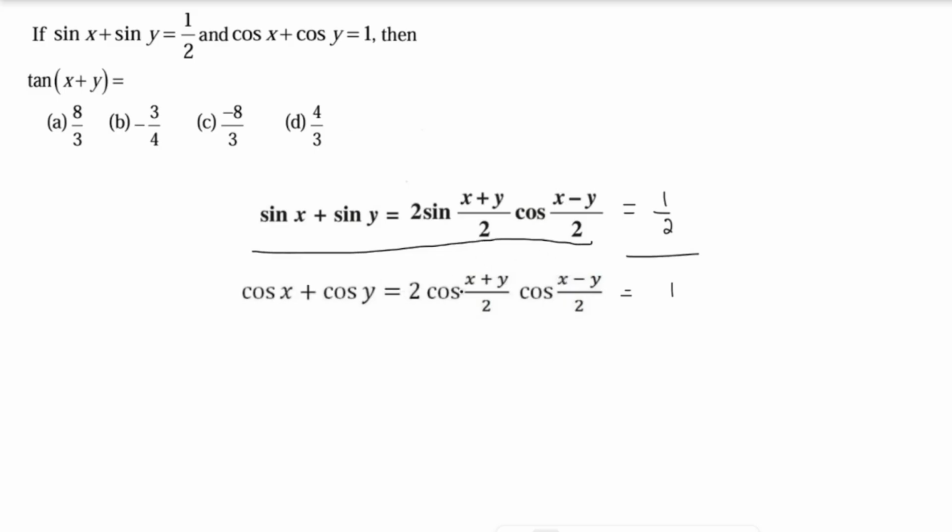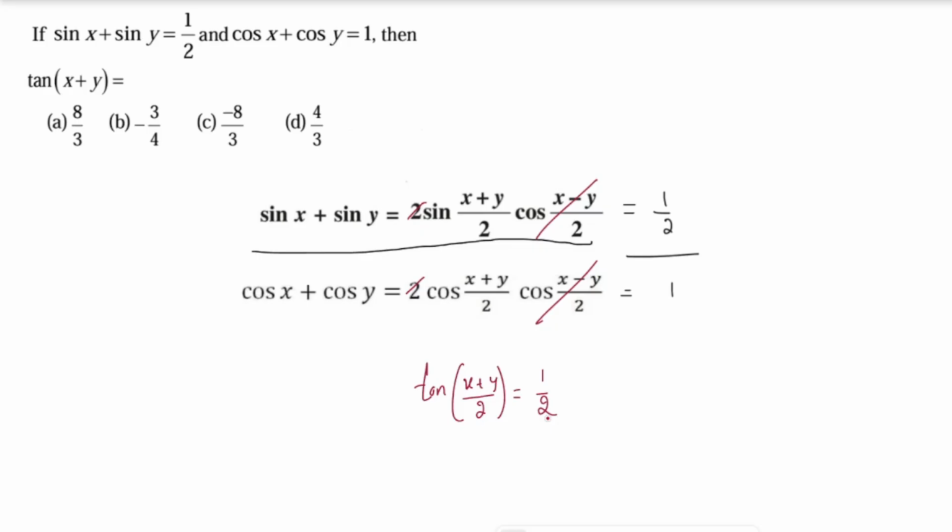If you see this, cos of x minus y by 2 gets cancelled out, and 2 and 2 get cancelled out. What is sin by cos? It is tan. So tan of x plus y by 2 is equal to 1 by 2 divided by 1, which is 1 by 2 itself. We got it by dividing both the equations.